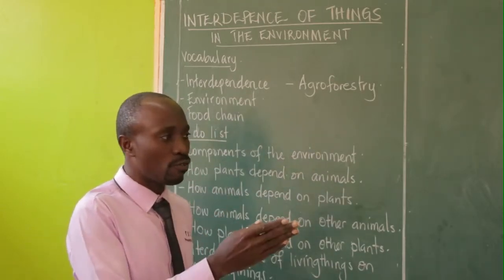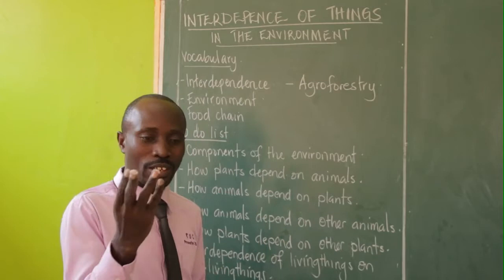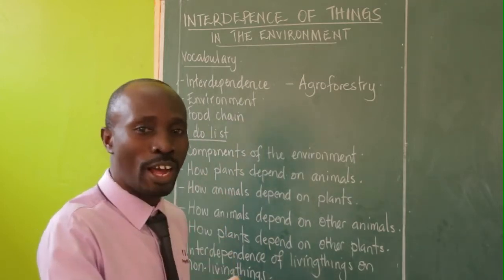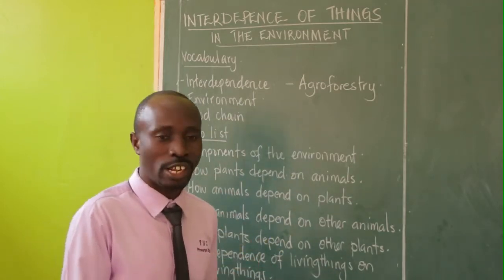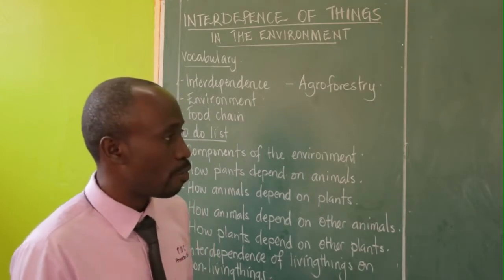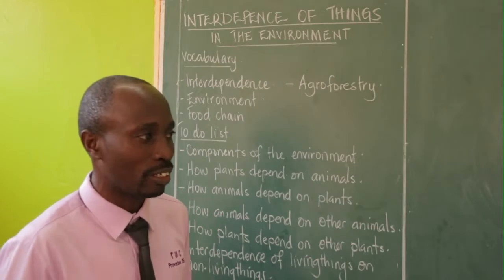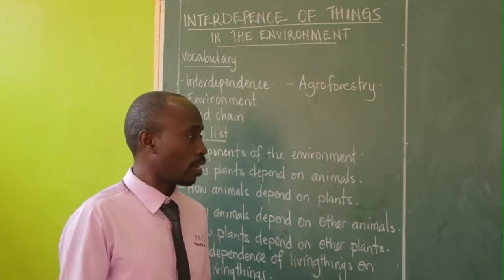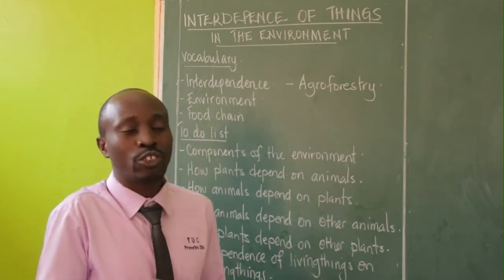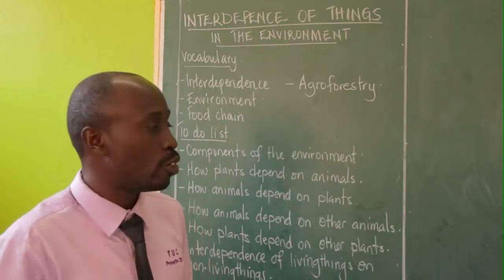Now, if plants were not there, those organisms that feed on plants would not exist, especially the herbivores. Herbivores feed on plants, entirely depend on plants. Those are the herbivores, okay? Now, we have also the carnivores in the food chain.